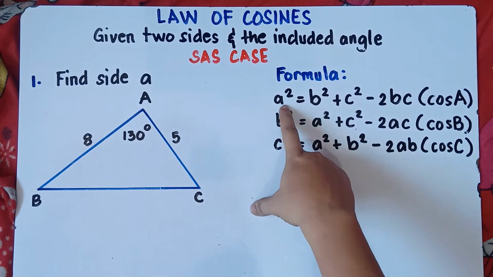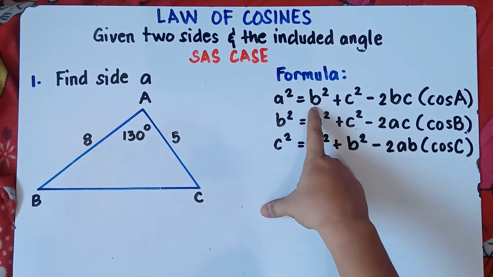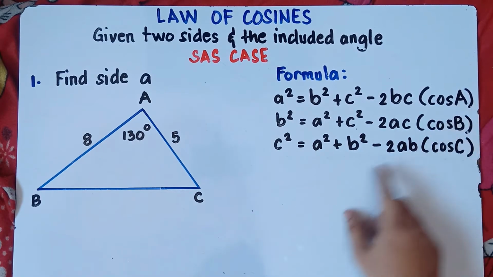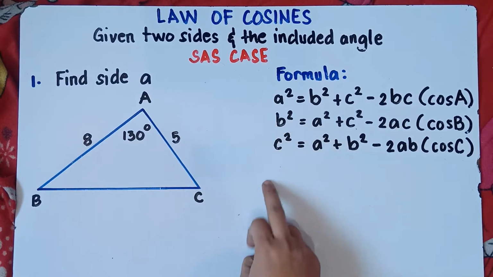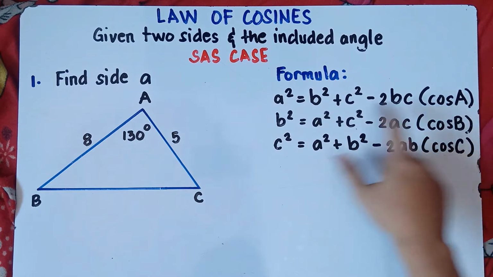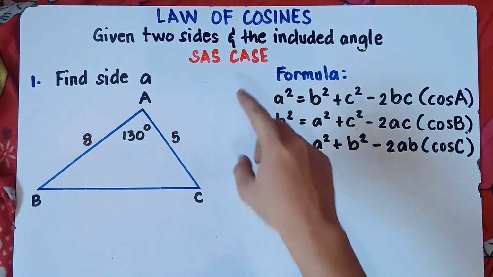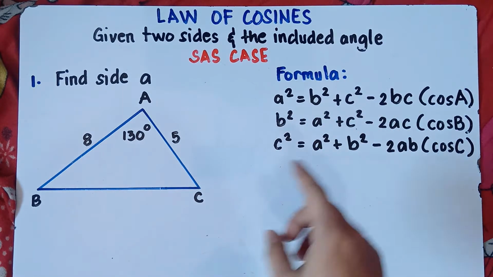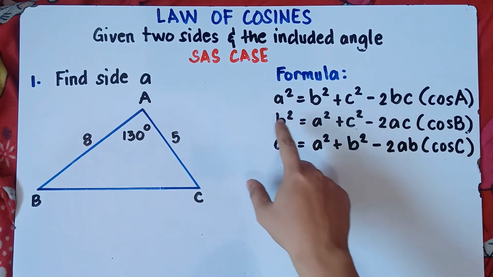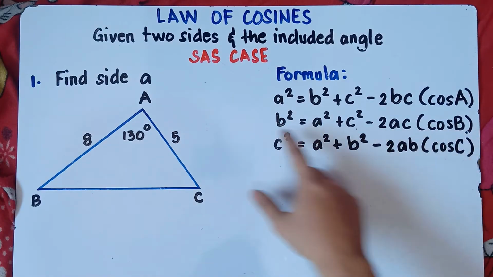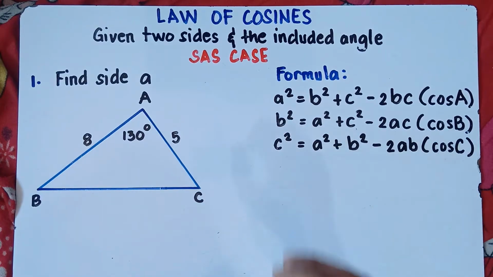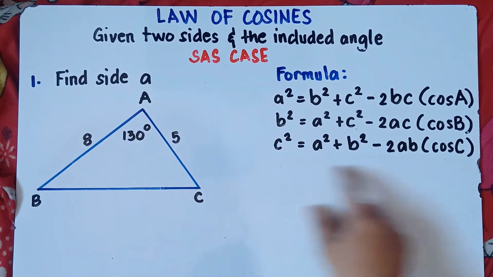The formula is A squared equals B squared plus C squared minus 2BC multiplied by cosine A. We also have the formula for B and the formula for C. If you're looking for side A or angle A, use the first formula. If you're looking for side B or angle B, use the second formula. If you're looking for side C or angle C, use the third formula.